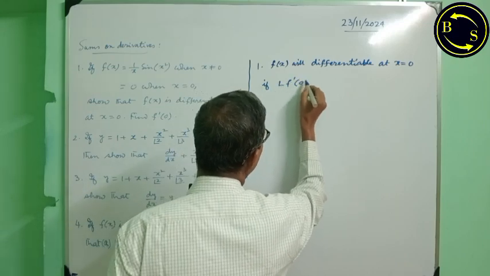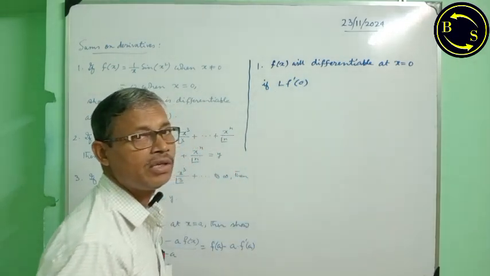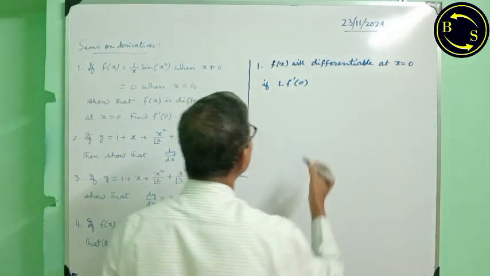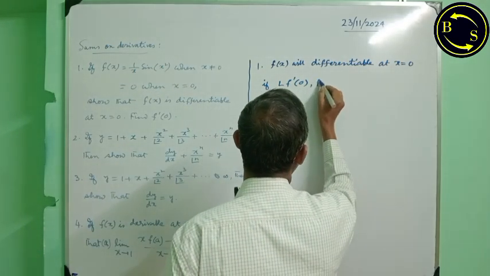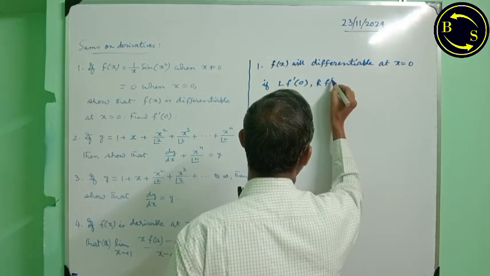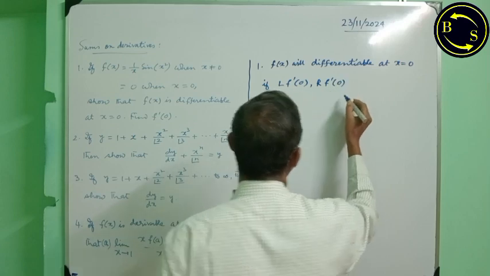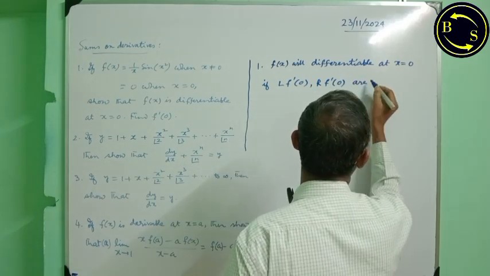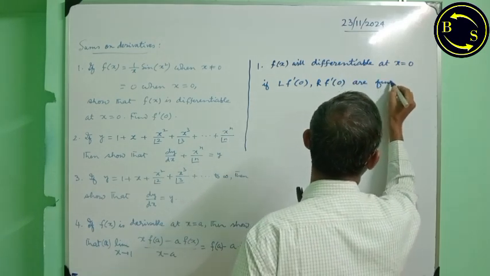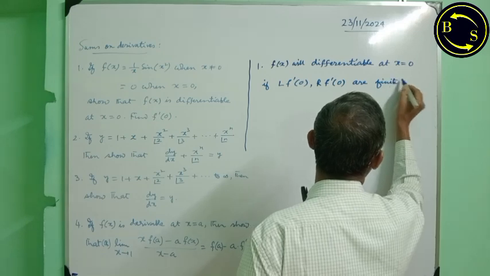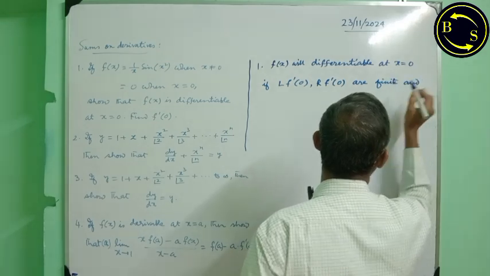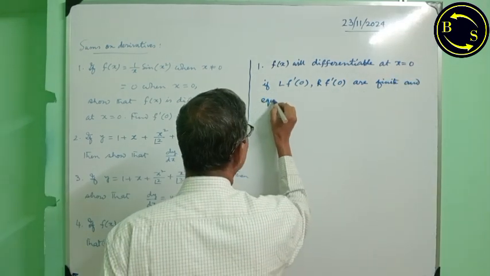Lf'(0), that is the left hand derivative at x equal to 0, or Rf'(0), are finite and equal.